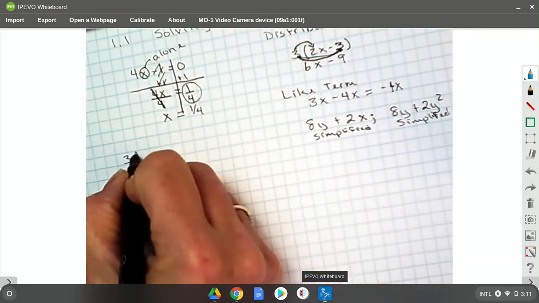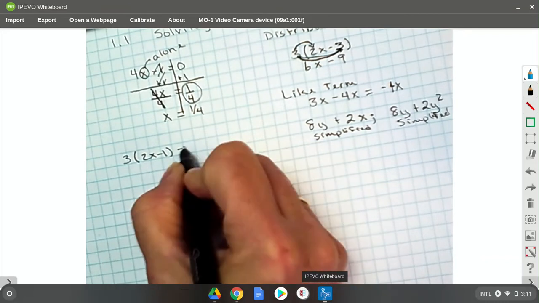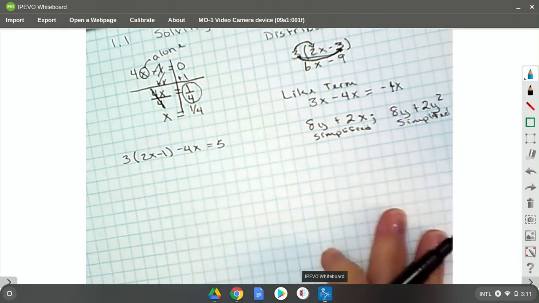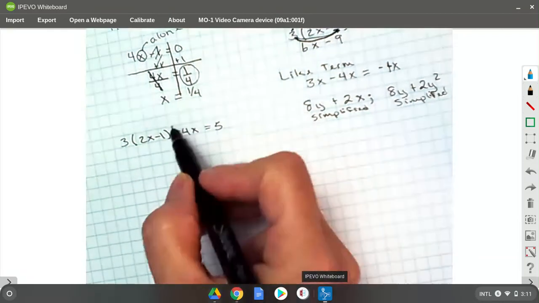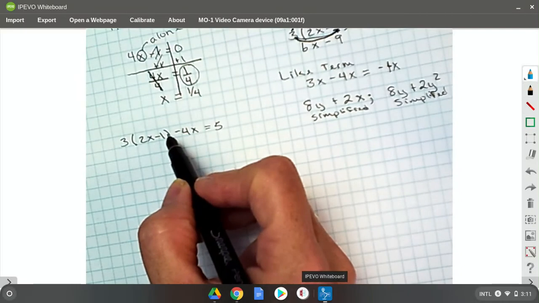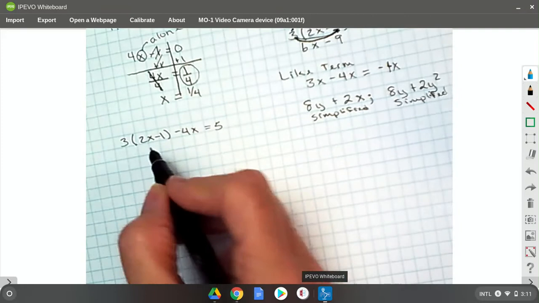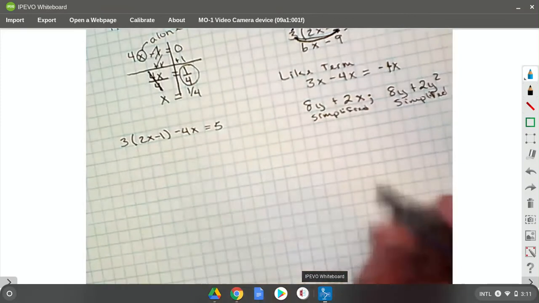So if I have 3 times 2x minus 1, minus 4x, equals 5. Anytime I have parentheses, I'm always going to go after them first. Then I'm going to clean up my like terms. Remember, you can't solve until you get all of your variables into one single term.